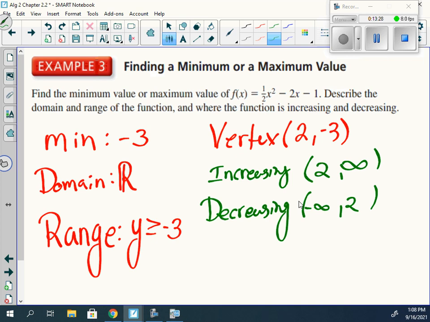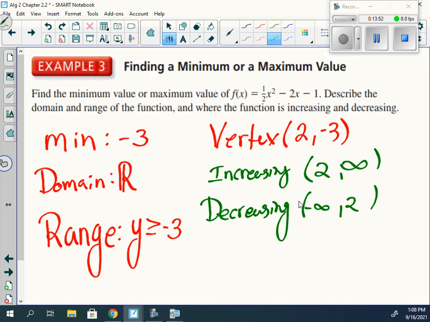However, we're not going to always have functions that from the vertex, it'll increase one way and it'll decrease the other, or vice versa. It's not going to be just one or the other in which direction we go. Because we can actually have functions that will increase for a certain amount of time, then decrease, then increase, then decrease. So we can have constant intervals.